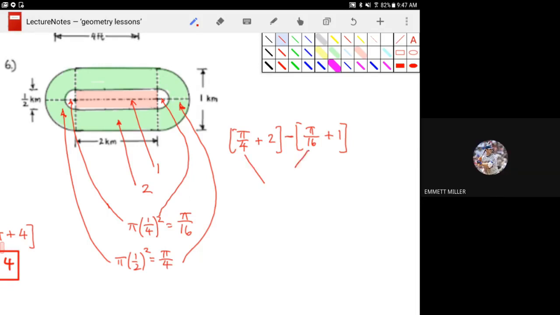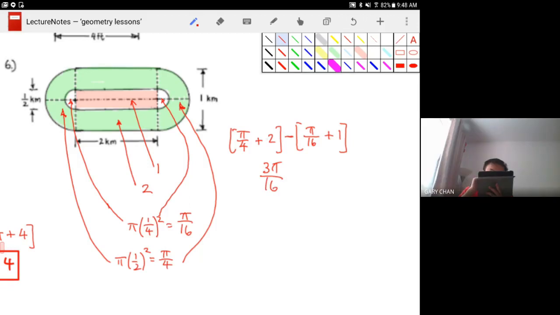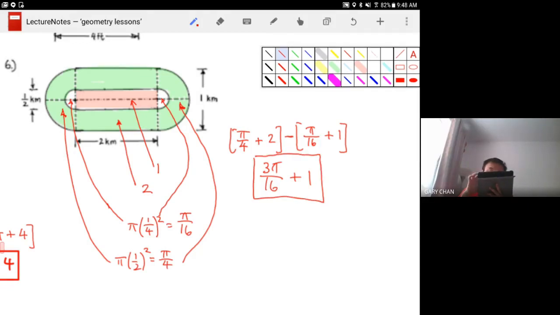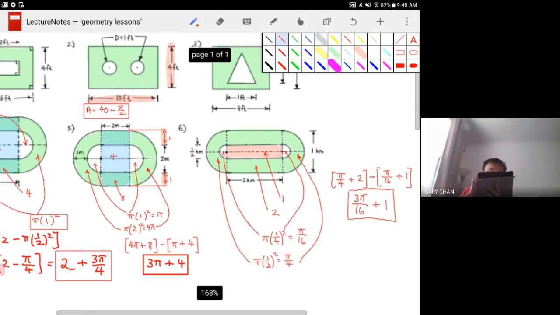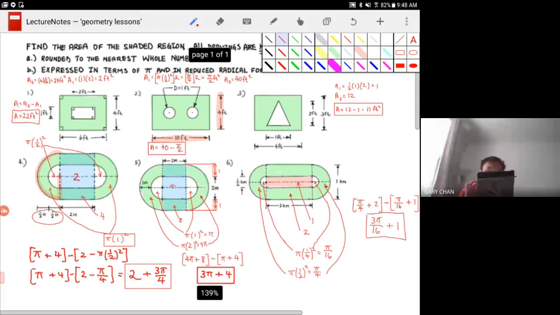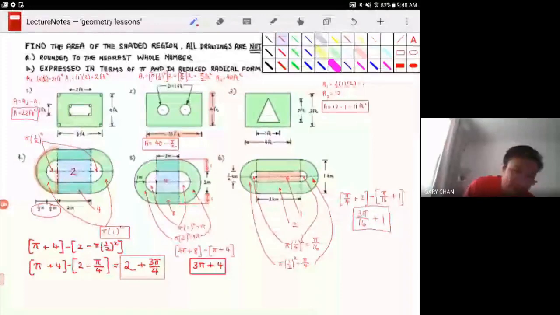It becomes 3 pi over 16. Good. Then 2 minus 1 just gets us 1. So it's plus 1. So this right here is the area of the last problem. Here's everything in its entirety again.